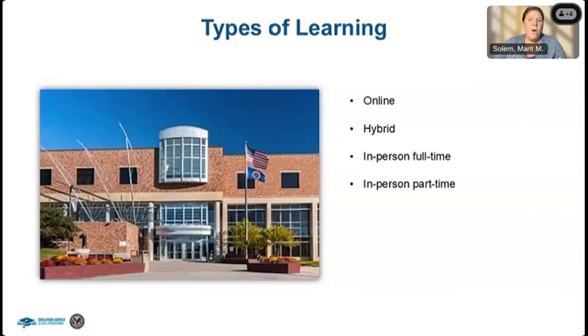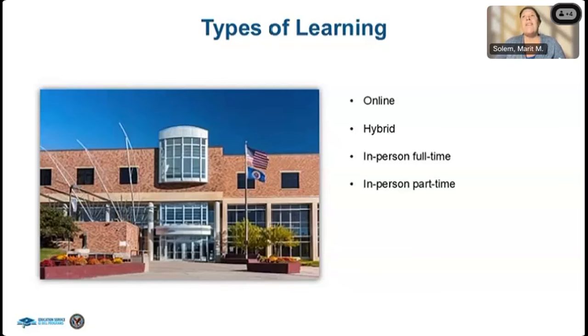So you can go online, and just a note about online: the VA education benefits rate differs by school, program type, degree type, and learning track. If you only go online, the payment for that is going to be 1/2 of the national average.